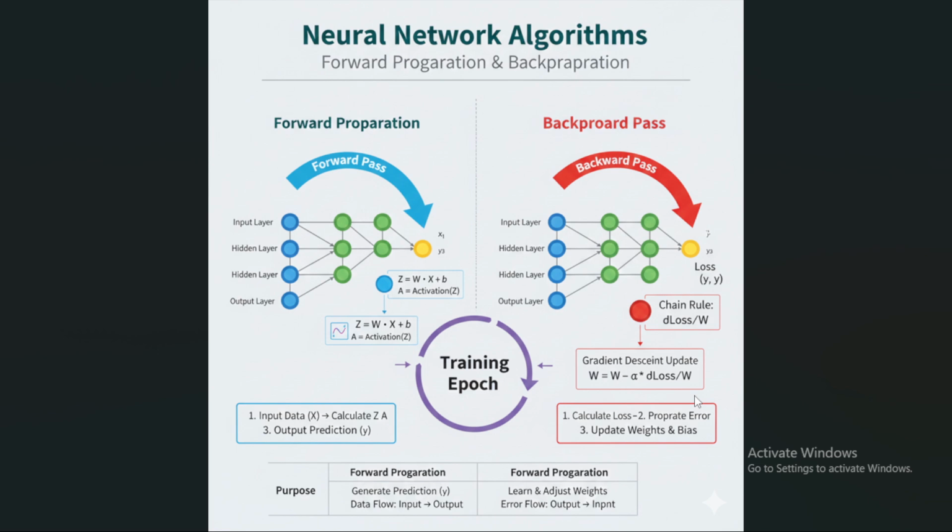See, so this is the gradient calculation laws, forward backward propagation, and etc. So these are all about the neural network algorithm, forward propagation and backward propagation.